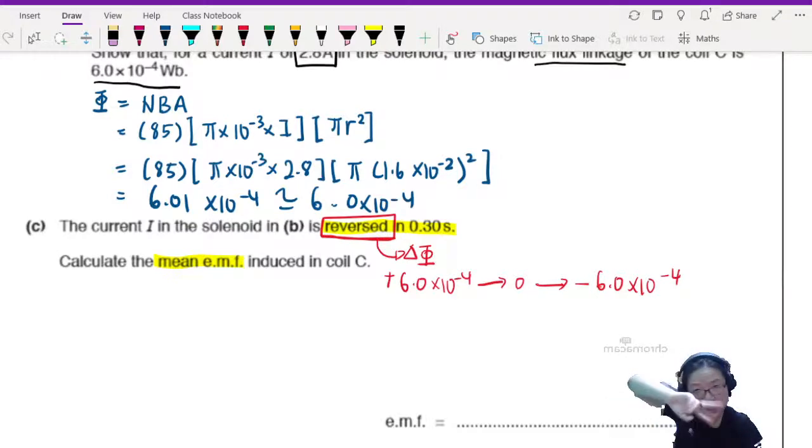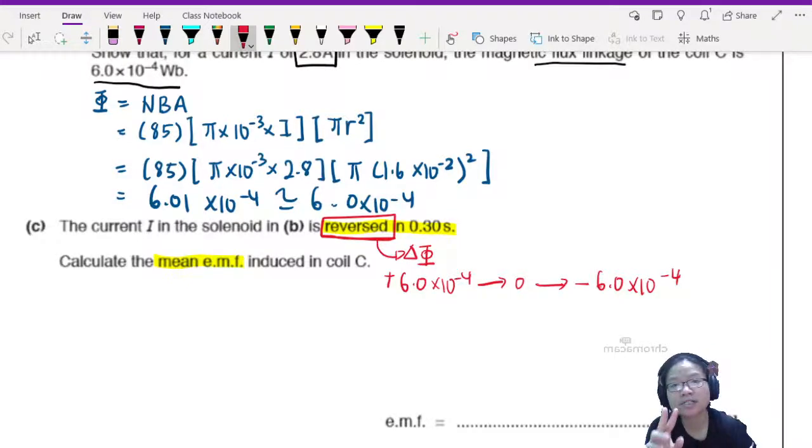So when we change the direction of the current, we flip the direction of your magnetic flux density, meaning we will change the positive and negative sign of your flux, right? So your flux is not 6.0 to 0. It is 6.0 to 0 to negative 6.0.